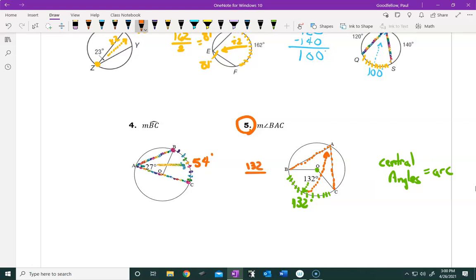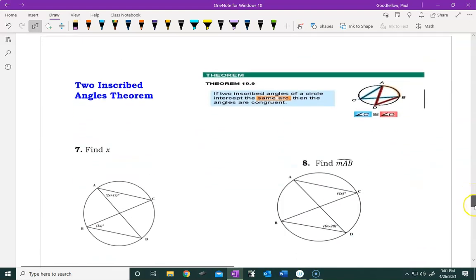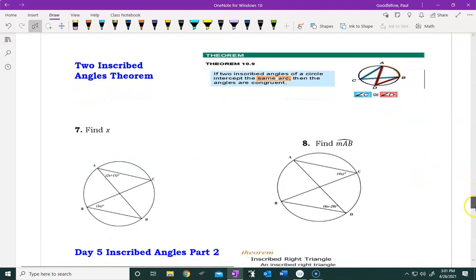And 132 cut in half is going to be equal to 66 degrees? I think that's right. All right, 66, yeah, I think I'm on the right path. All right, got the idea? Central versus inscribed angles. Now, what are we going to do with that information here in the next concept?